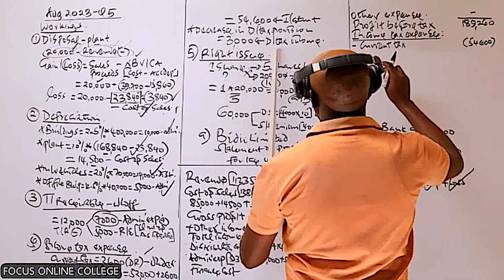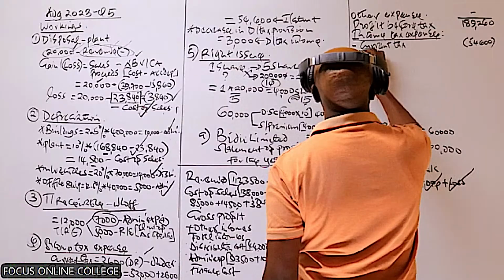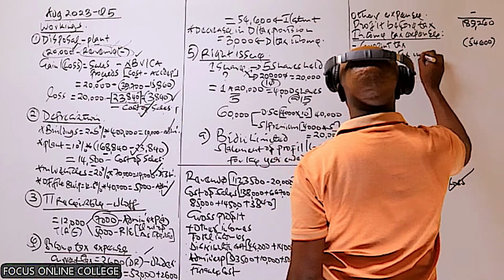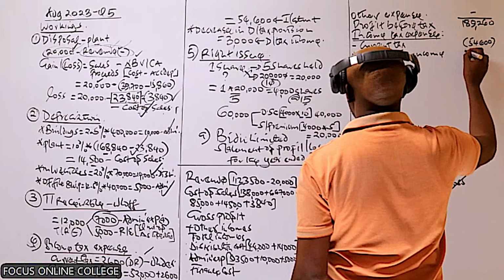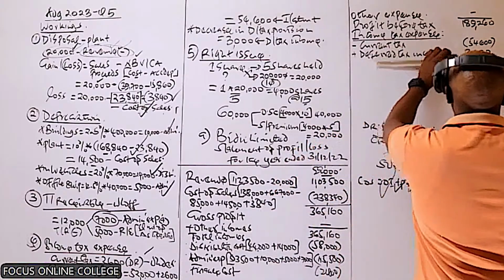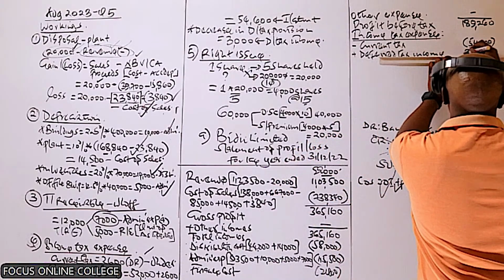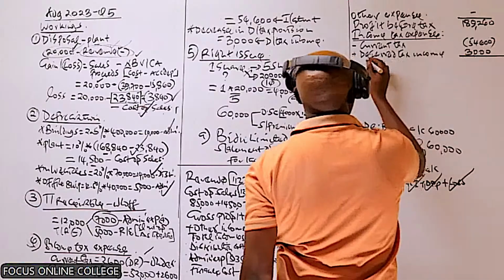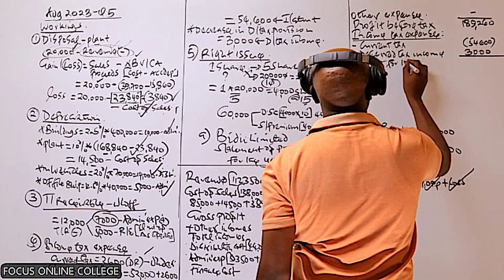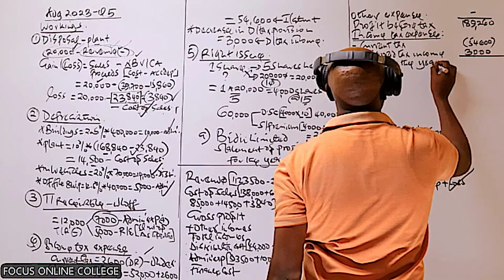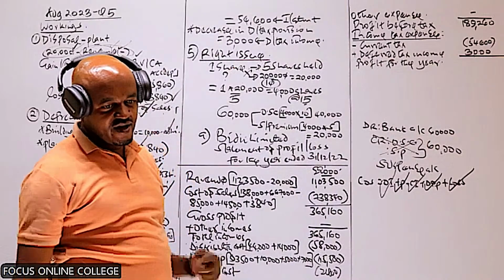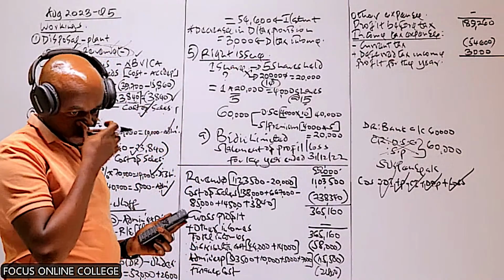And then this also comprises the deferred tax, and what we have here is the deferred tax income. That one should be added here, and it's basically an amount of 3,000. Because it's an income, we add it to our profit, and basically we get the profit for the year, or the profit after tax.